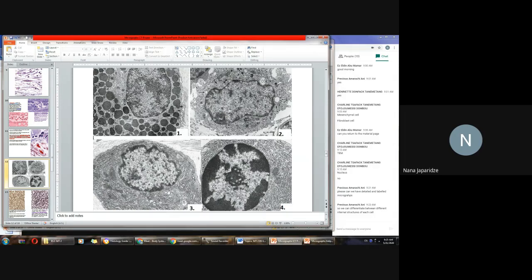The same is here in the plasma cell. We have nucleus, we have nucleolus, we have nuclear envelope. Look, this is nuclear envelope here, and it contains two leaflets usually. This is cell membrane here. Look, cell membrane.